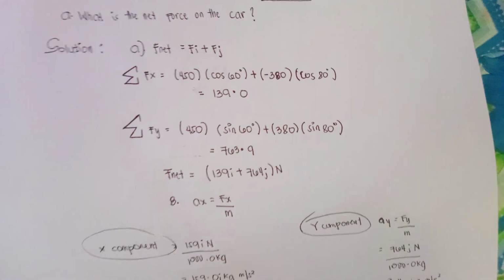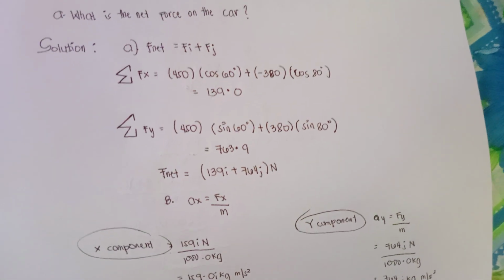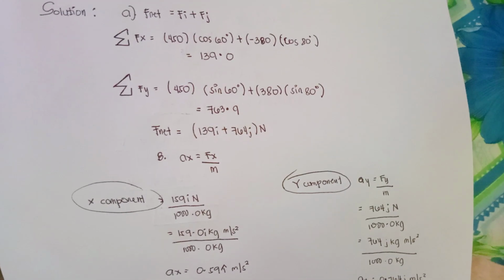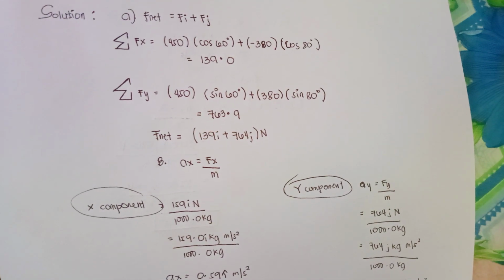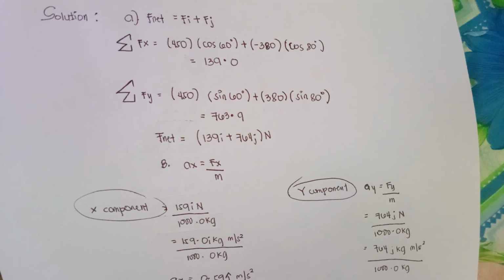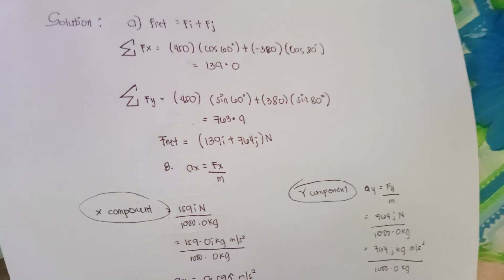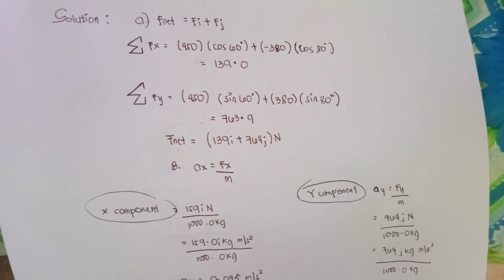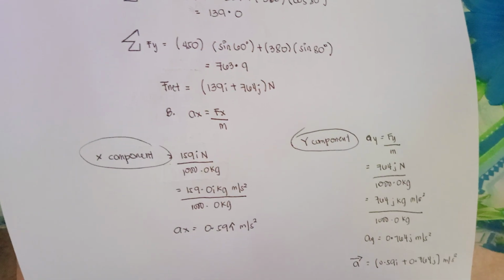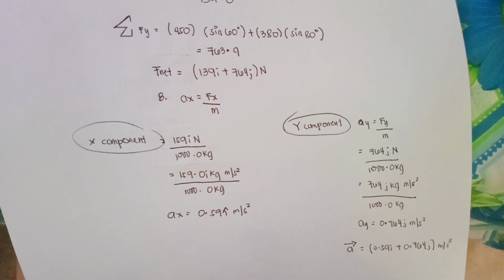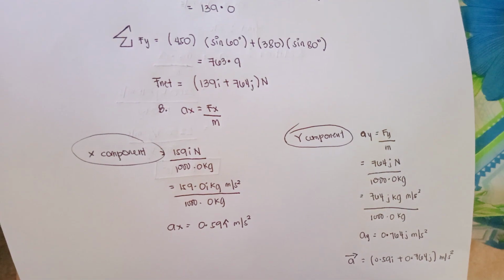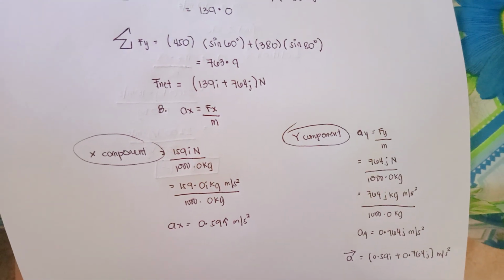The answer is 139.0. Fy equals 450 sin 60 degrees plus 380 sin 80 degrees equals 763.9. F-net equals 139 i plus 764 j newtons.